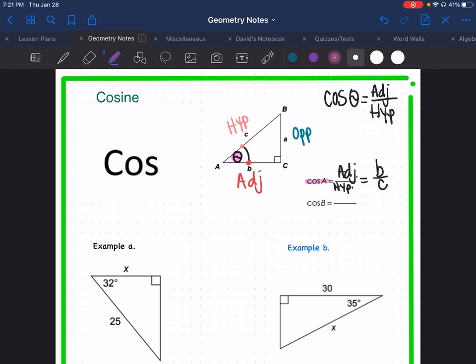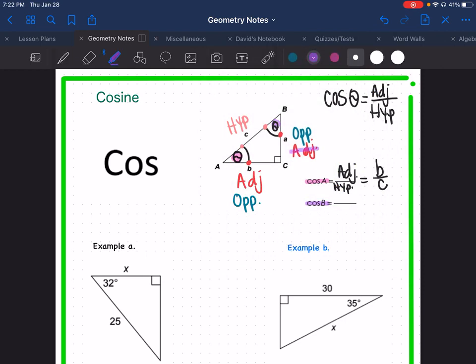If I were to switch that theta up here to B, my hypotenuse does not change. So notice the hypotenuse is not changing. It's never going to change because the hypotenuse is the hypotenuse. But remember, this side is now going to be my adjacent, and then what was my adjacent is going to become my opposite.